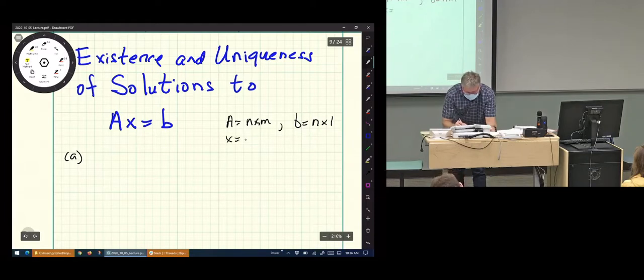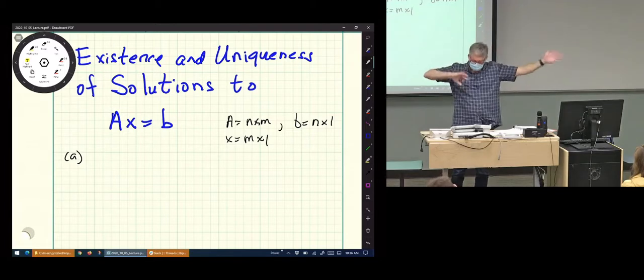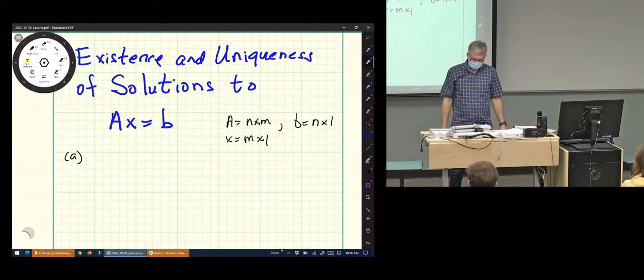X is now m by 1. So A times X is n by 1. Okay, so we don't care if it's rectangular, square, anything, guys.